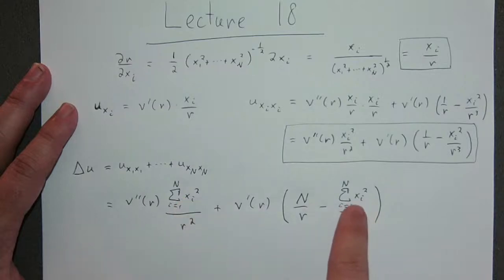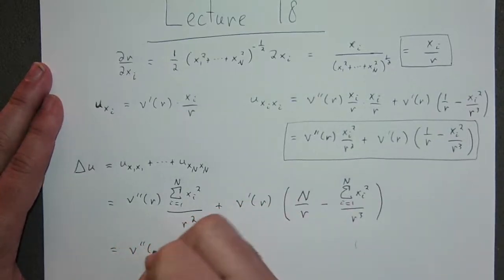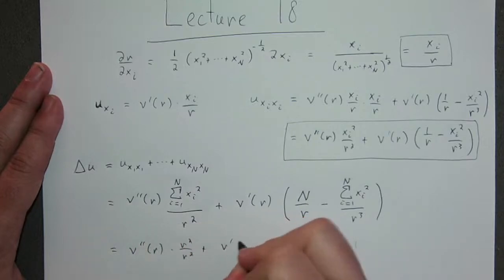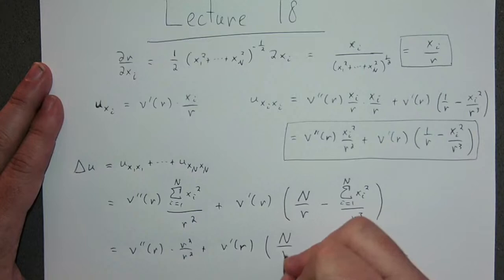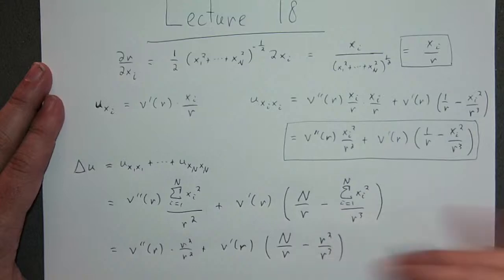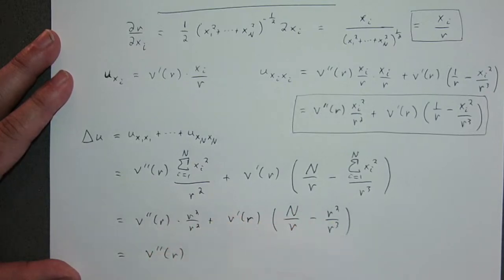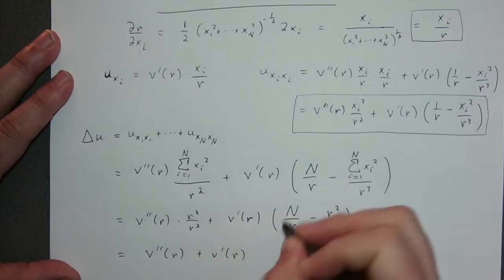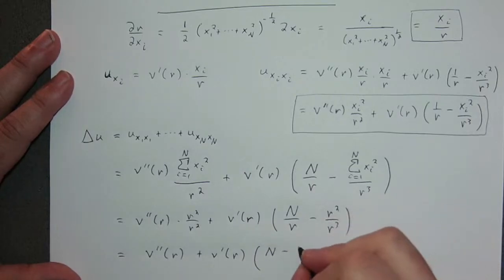So rewriting this, this is v double prime of r times r squared over r squared plus v prime of r times n over r minus r squared over r cubed. So this is v double prime of r plus v prime of r times n minus 1 over r.